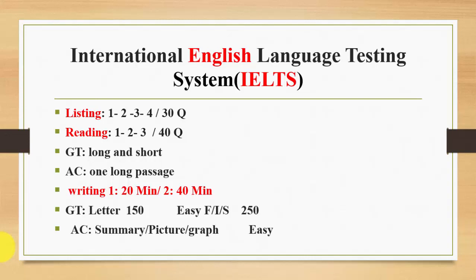But for the academic writing, you have different types of writing. The first one is that you will receive something to summarize. You should not write a letter. You just need to summarize a picture, a graph, or a chart or something like that.